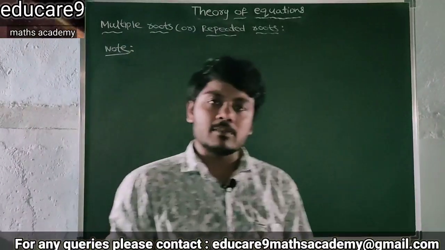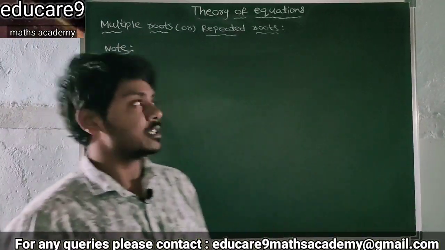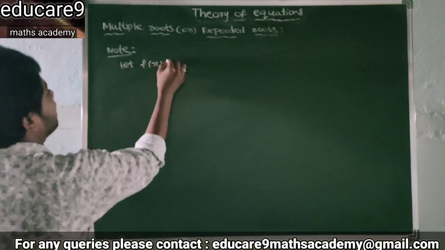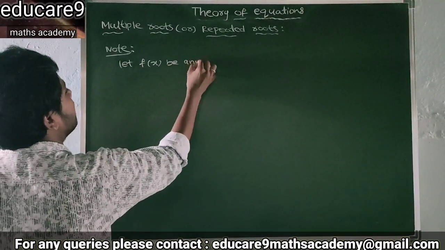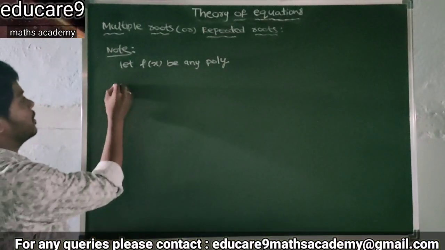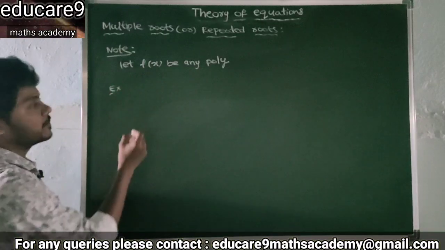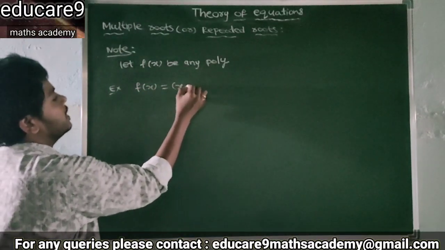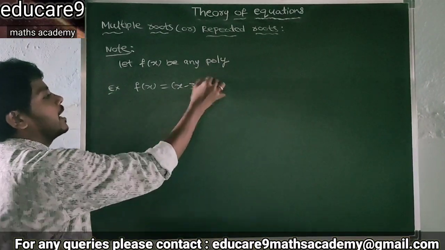Let f of x be any polynomial. For example, f of x is equal to (x minus 3) whole square.